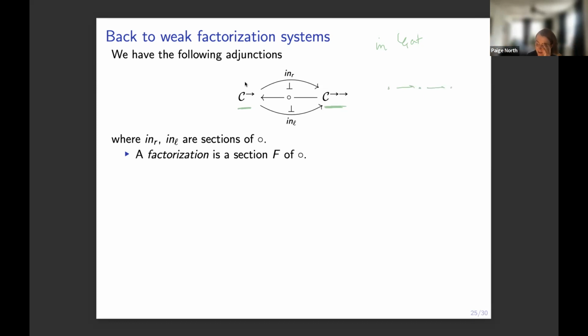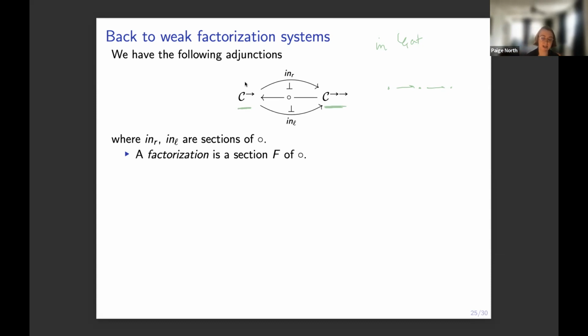Okay, so we have this functor that goes from right to left that takes two composable arrows in a category C to their composition. That's why I'm calling it circle. And a factorization, first of all, so I'm not talking about weak factorization systems yet, just a factorization, is of course a section that I'm going to call F of the composition map.